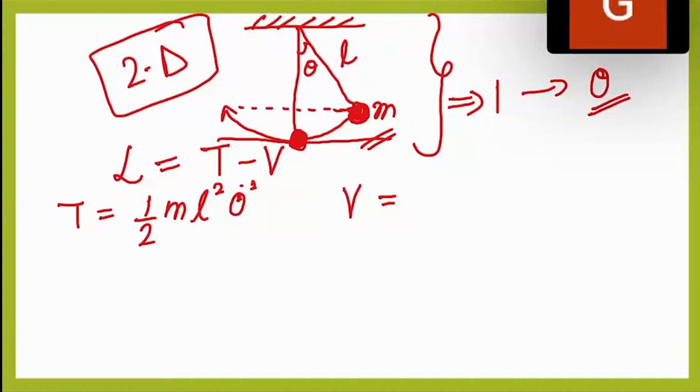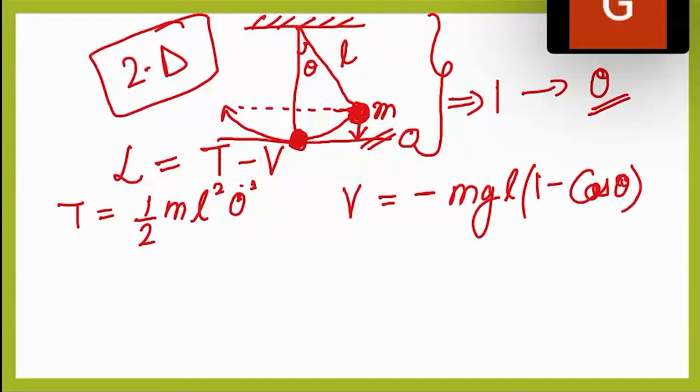This is my reference point, zero. So the potential energy of the system will be this difference. How much is this? Anybody? Minus mgL times (1 minus cos theta).